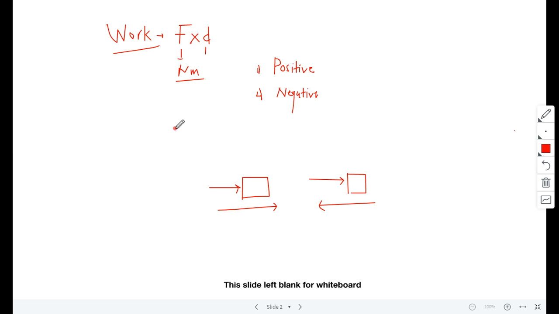Now there is a simple question. Calculate the work done when a force of 100 newtons is applied to an object and it displaces an object. Wait, there's something wrong with the sound. I keep hearing small beeps when you're speaking. When I speak, only at that time you hear the background voice?